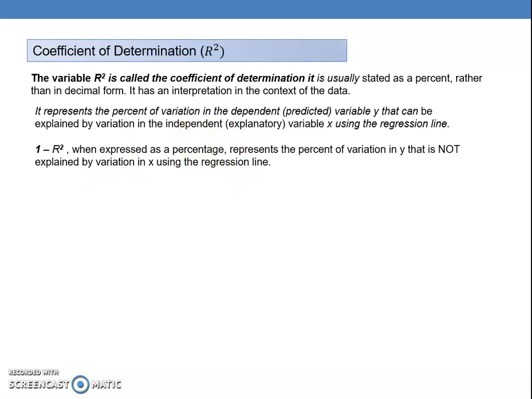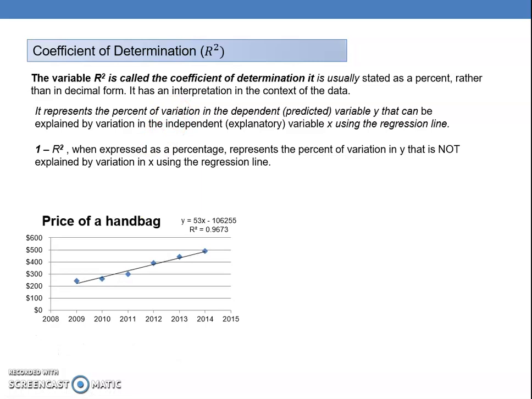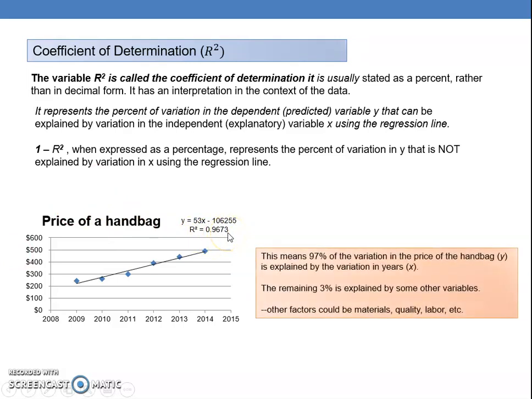It looks very complicated when we read it in words, but let's go back to our previous example where we had a graph for the price of a handbag, right? So our R squared is 0.9673, so I will round it up to 97%.